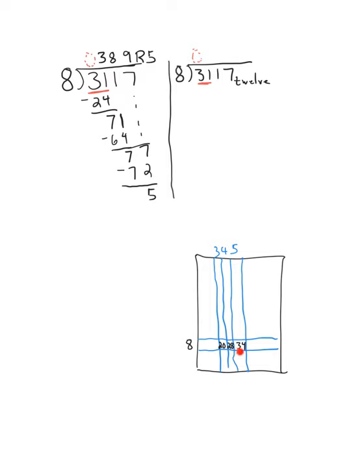This is 3 twelves and 4 ones. We only have 3 twelves and 1 one. So 5 groups of 8 is too many. So 4 is the most we can make. I'll put a little circle around that just to make sure we know how we're picking it. So I'll put a 4 here. And 8 times 4 we said was 28.